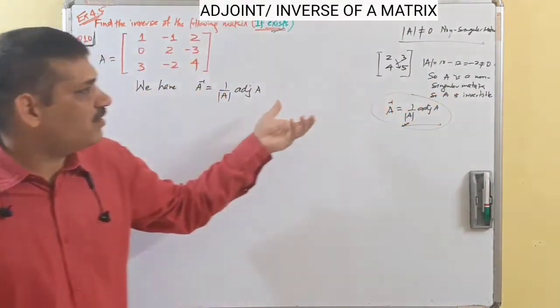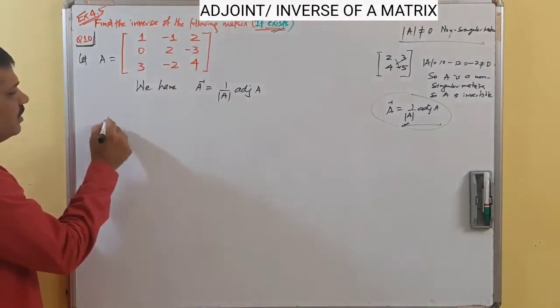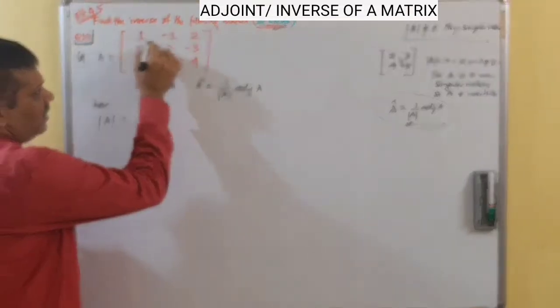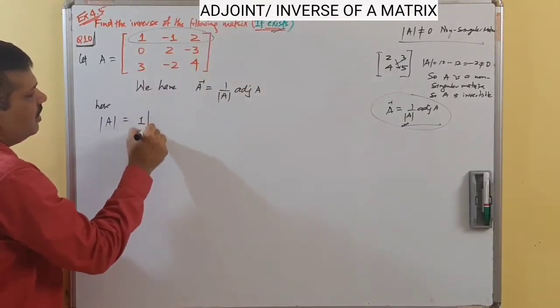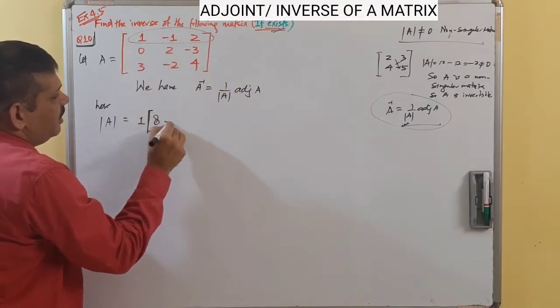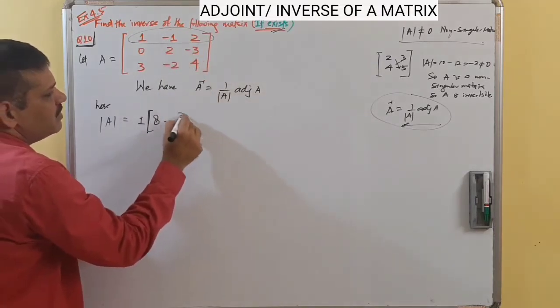So we will find the determinant of A, expanding along the first row. So 1 multiplied by 2 fours are 8 minus 2 into minus 3 is plus 6, 8 minus 6.